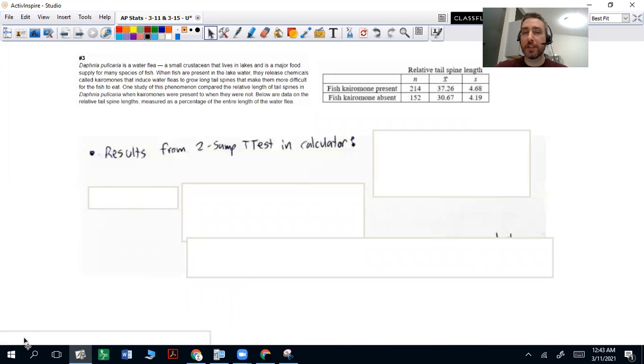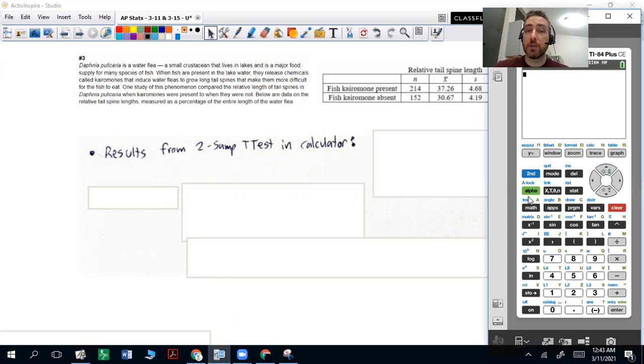So we're going to run this in our calculator. We don't have to report anything outside of what our calculator says. So we're going to run this as a 2-sample t-test. So stat, tests, 4. You can go to stats, and you're going to enter in every piece of information. So our X bar 1, 37.26. SX1, 4.68.